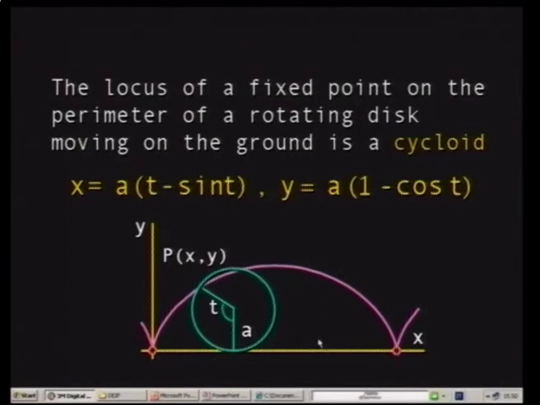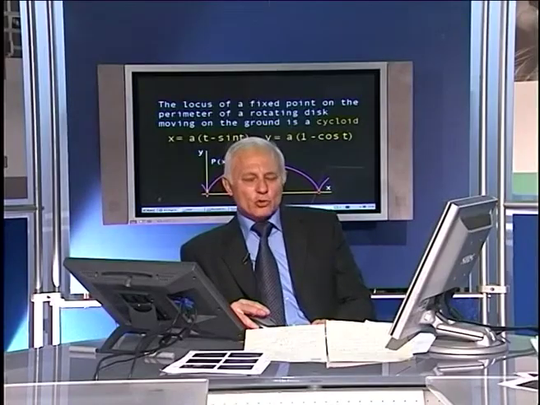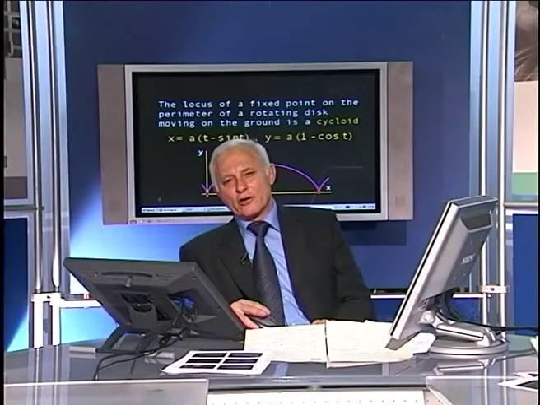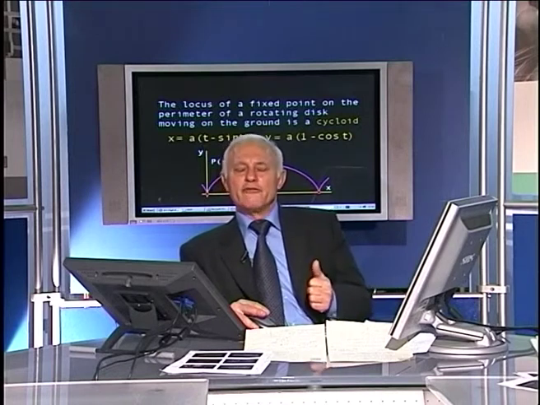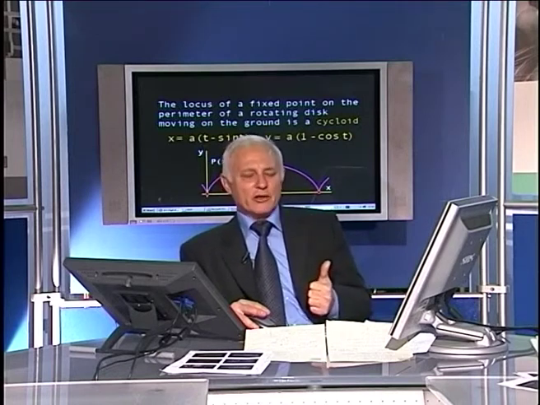And this cycloid is a very famous curve. Why? Because it was the third curve in history whose length was calculated. The first curve in history to have its length calculated is the circle. The second is the logarithmic spiral, and this is the third one.